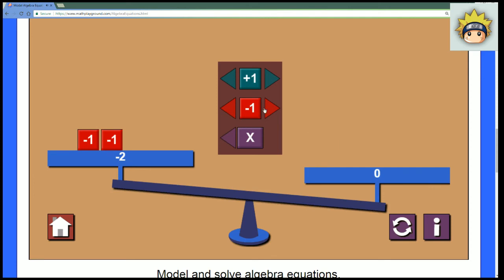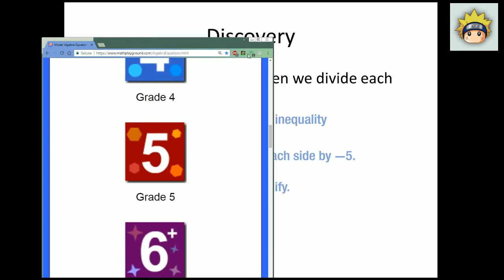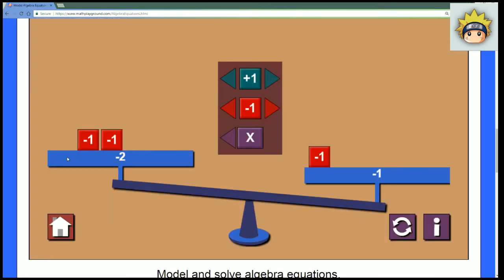Alright, so we should still see that negative 10 is less than negative 5. Once we divide by 5, you should still get negative 2 is less than negative 1. Is that true? Yes, that is correct. Negative 2 is still less than negative 1.